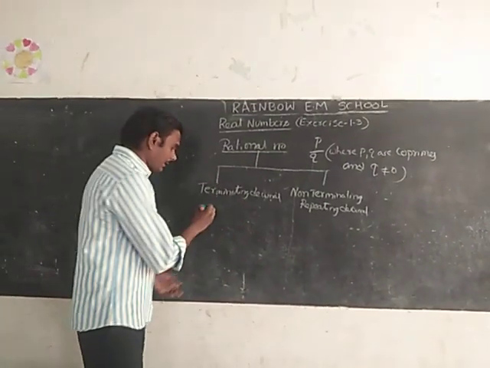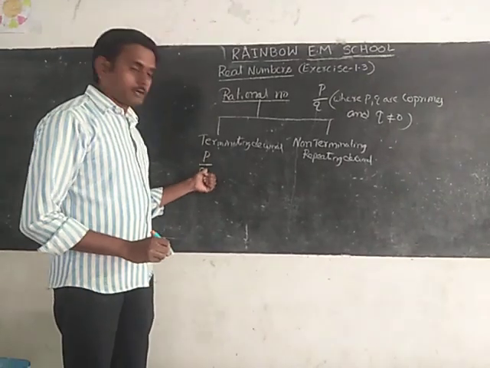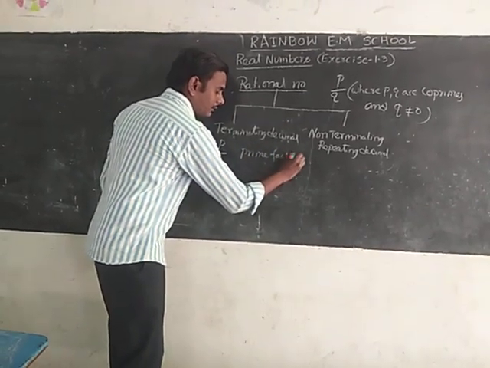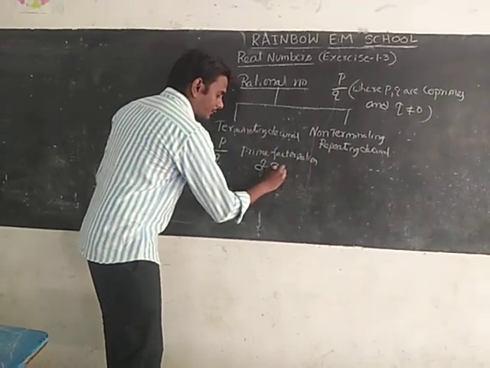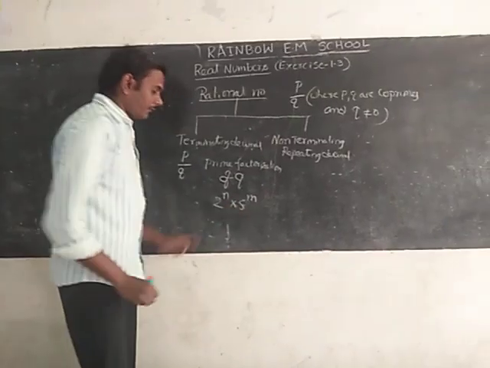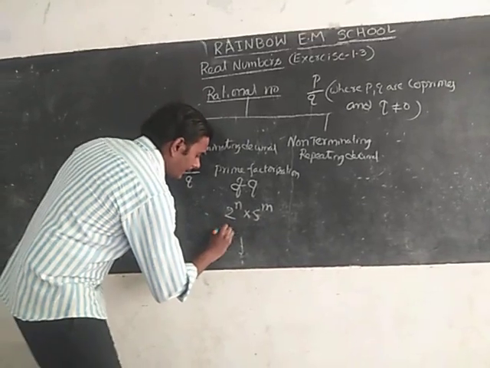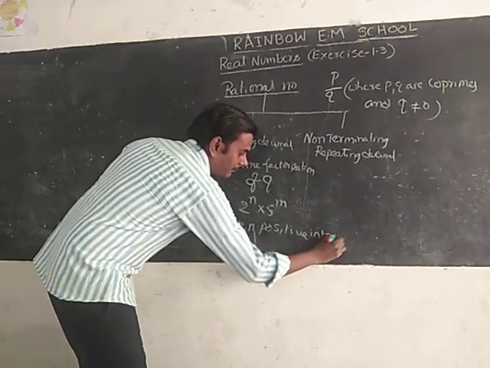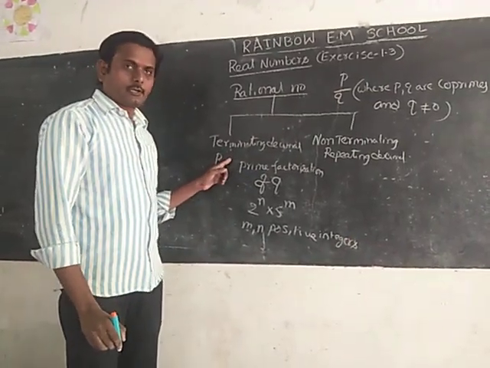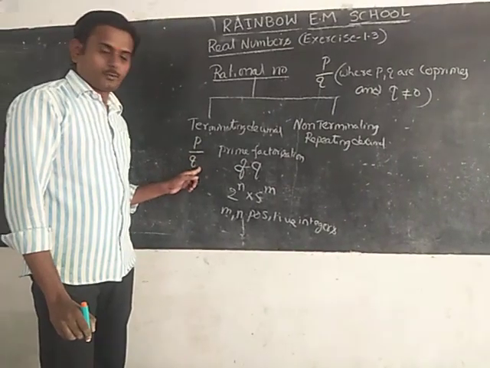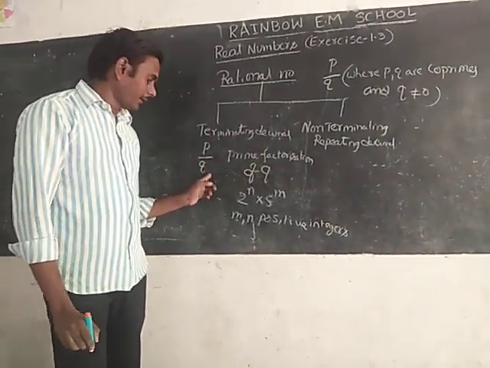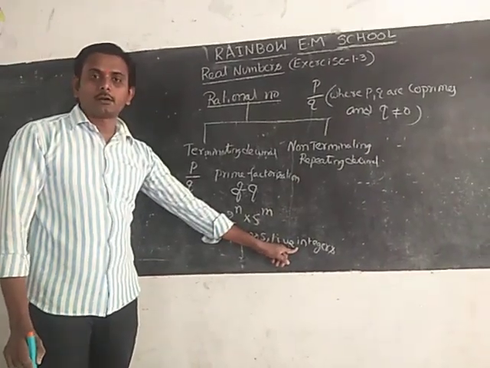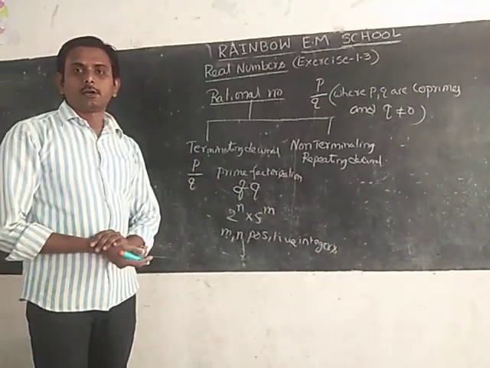Whenever you take a number in the form of p by q, where the prime factorization of q is in the form 2 power m into 5 power n, where m, n are positive integers or non-negative integers, then that fraction gives the terminating decimal.